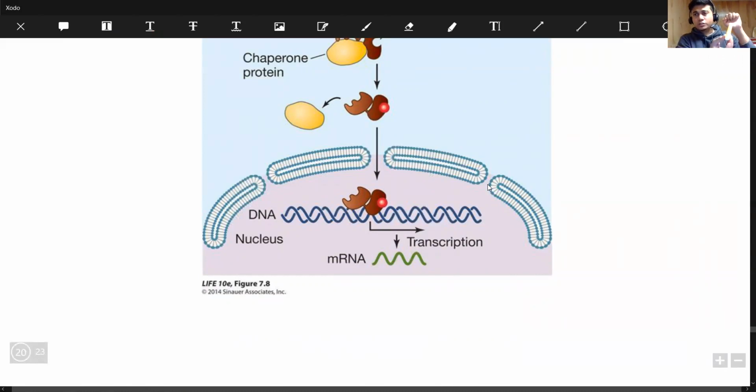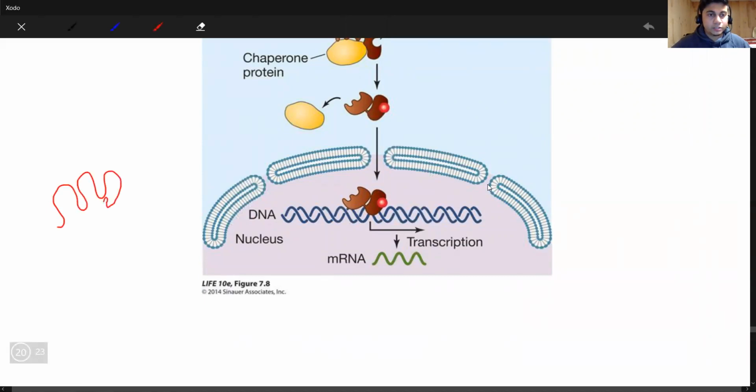Now this cortisol binds in this whole receptor complex, and the zinc finger unfolds. If I draw this, let's say this is the folded zinc finger receptor, and here's the cortisol binding site. Whenever cortisol binds here, this receptor unfolds like some finger.